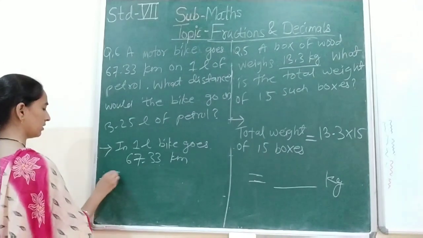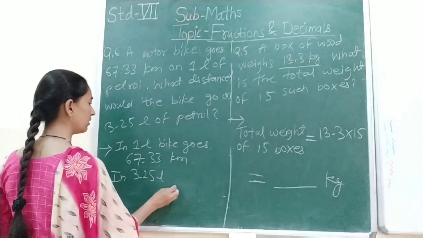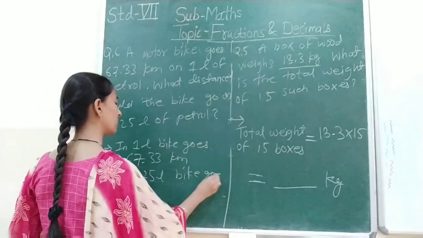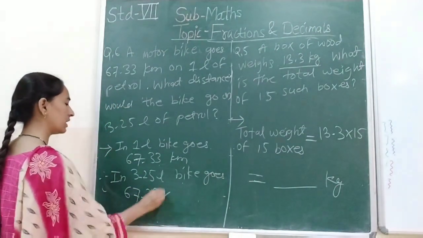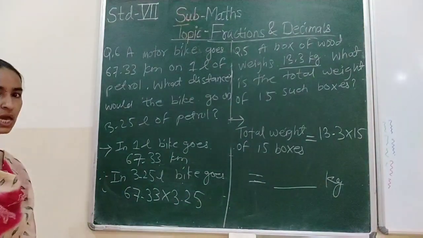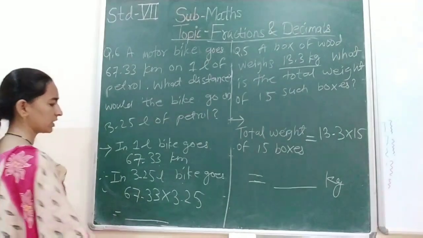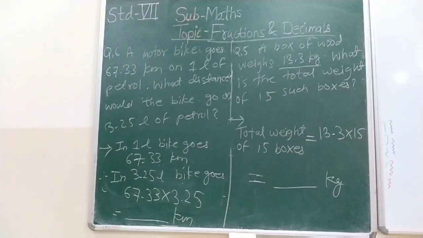Therefore, in 3.25 liter the bike goes 67.33 multiplied by 3.25. I want the answer from you. What will be the multiplication? It is in kilometer. These two are for your homework.